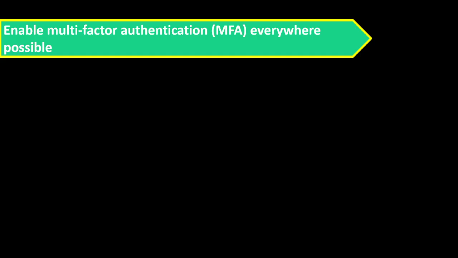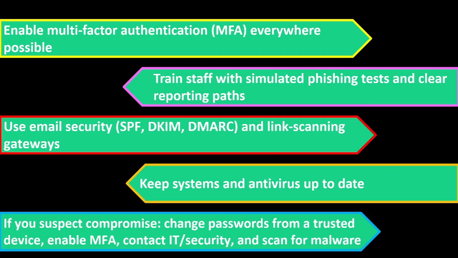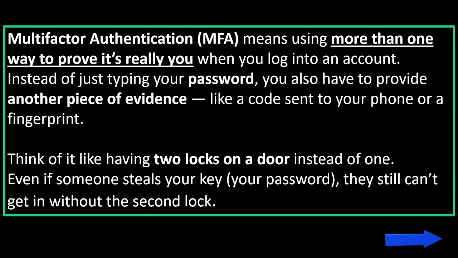Even if your password is stolen, MFA adds another lock, like an OTP or fingerprint. Multi-factor authentication means using more than one way to prove it's really you. When you log into an account, instead of just typing your password, you also have to provide another piece of evidence, like a code sent to your phone or a fingerprint.